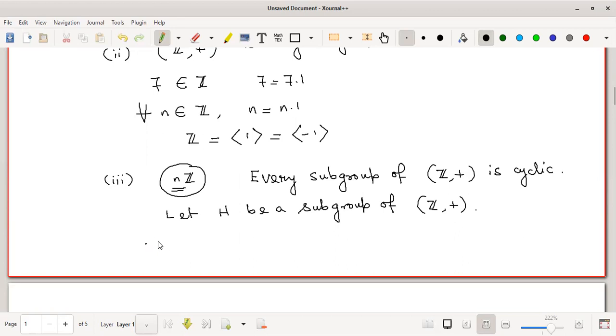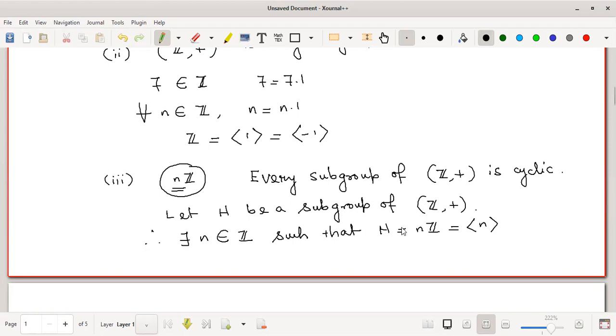Already we have proved that if this is the case, there exists an integer n such that your H must be of the form n times Z. And what are the elements in nZ? All n multiples of integers. So this is nothing but the subgroup generated by n. So this is a cyclic group. So every subgroup of Z plus is cyclic.